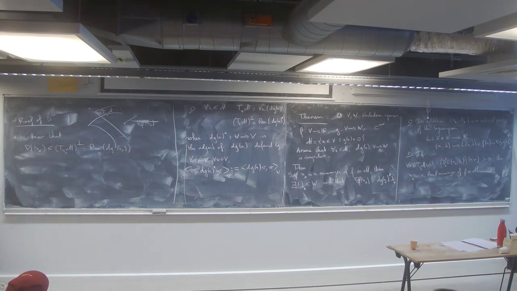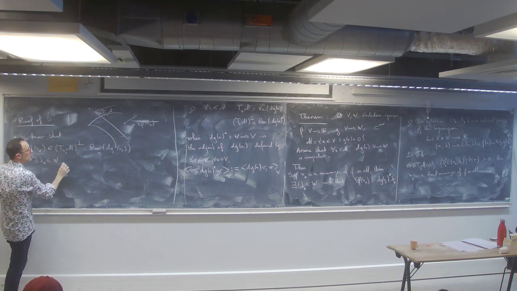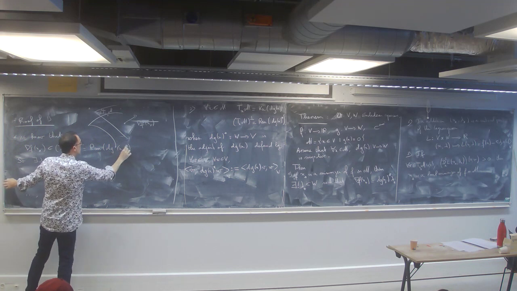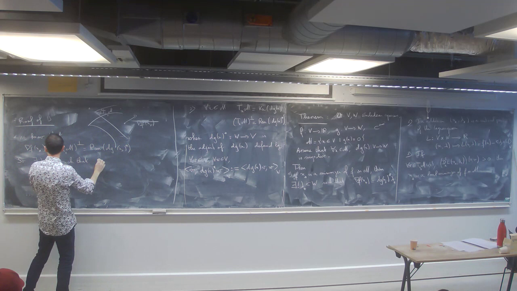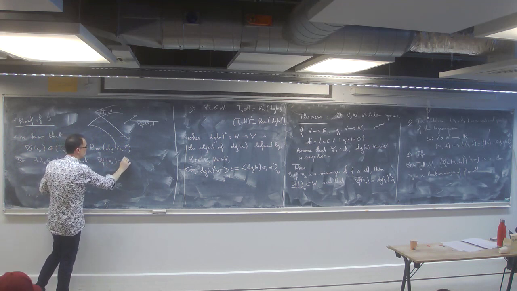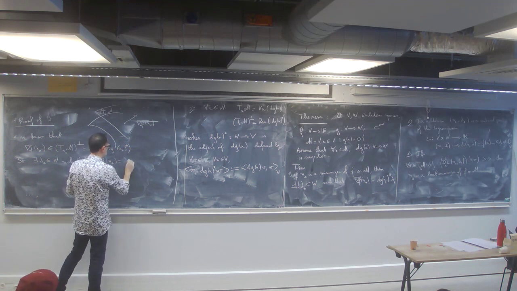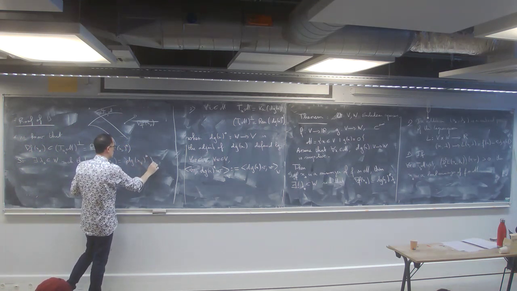Okay, so there exists lambda star in W such that grad F of X star is equal to dg X star lambda star.